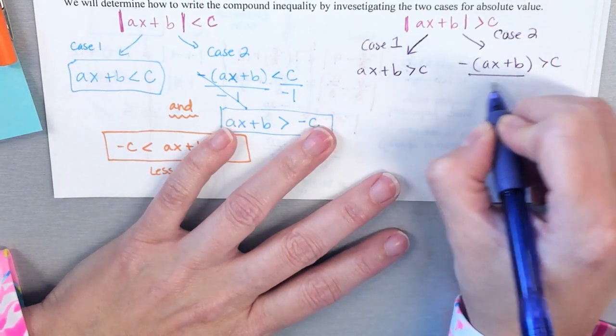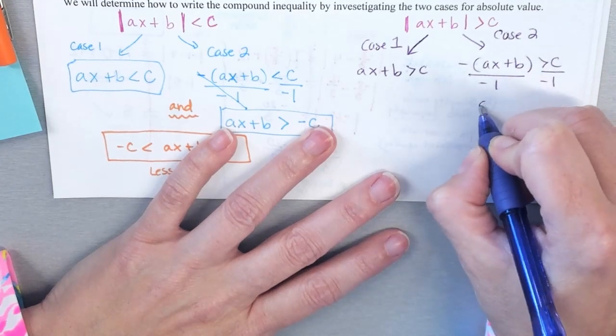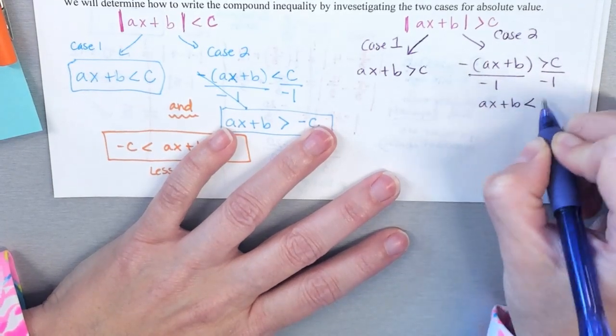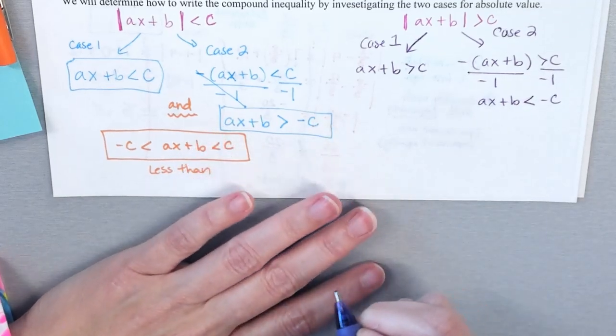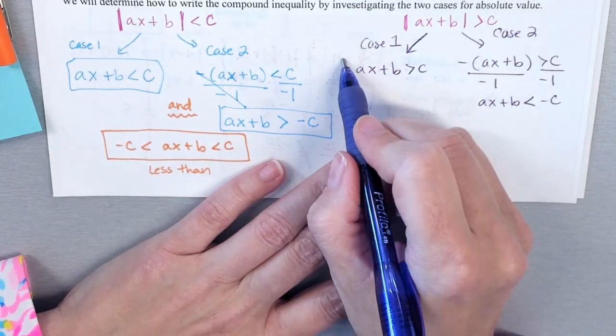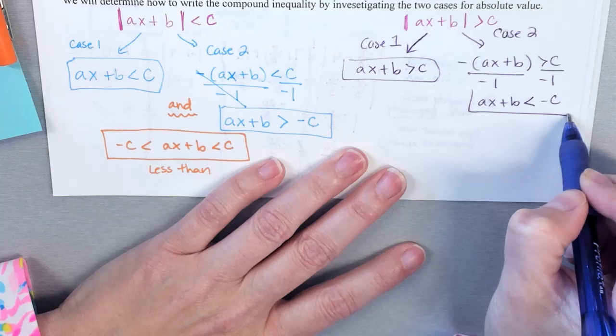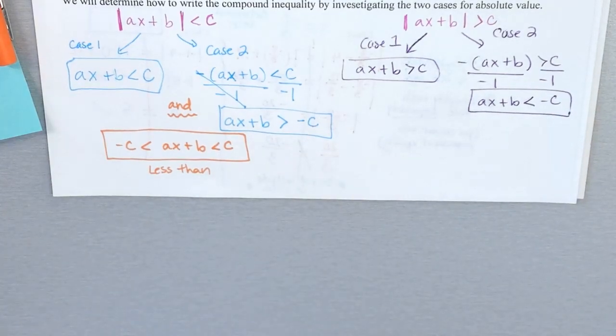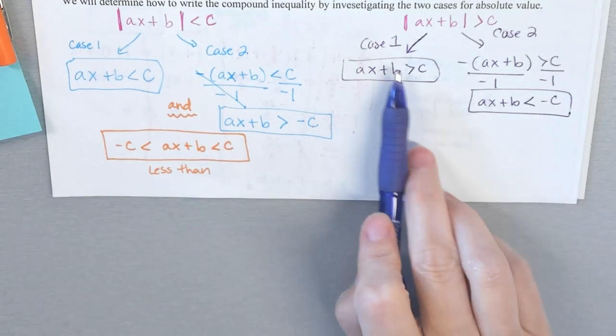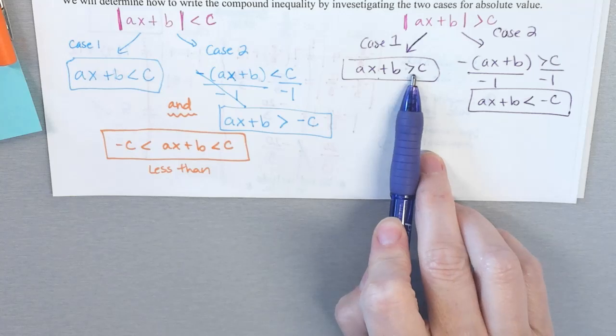Following the same property that we did before, we're going to solve. You switch when you have a negative. So this is saying some quantity is greater than c.